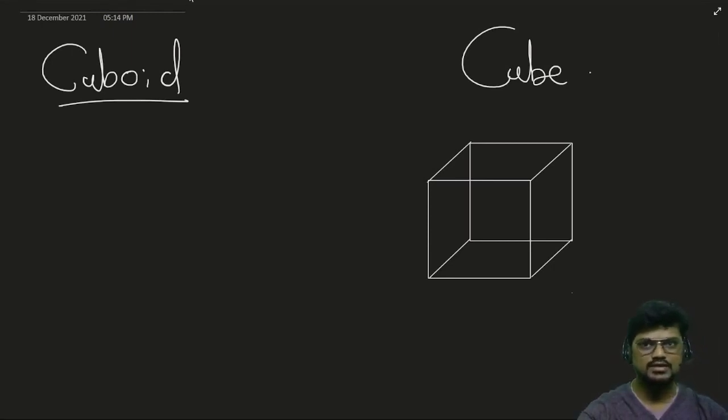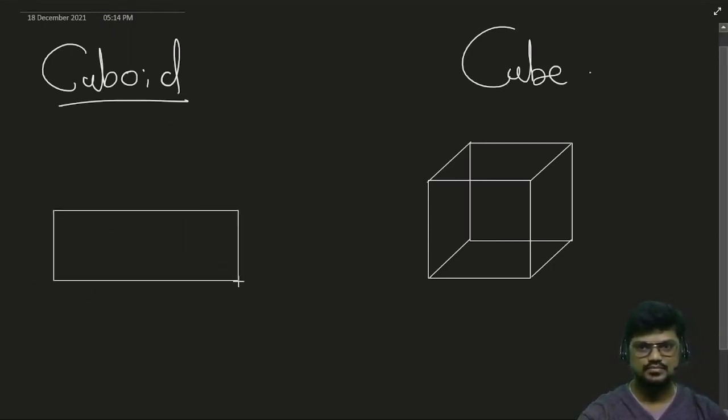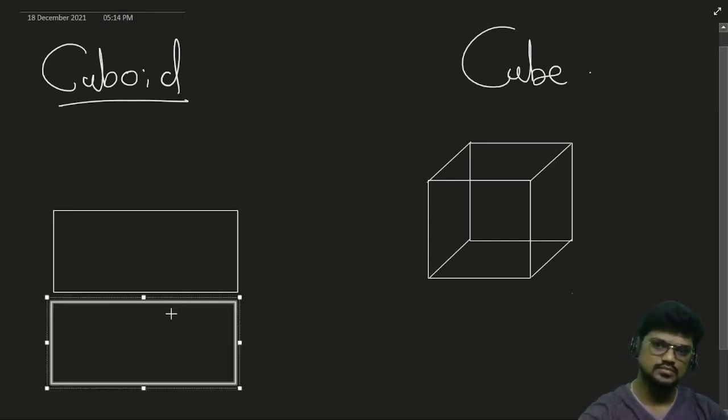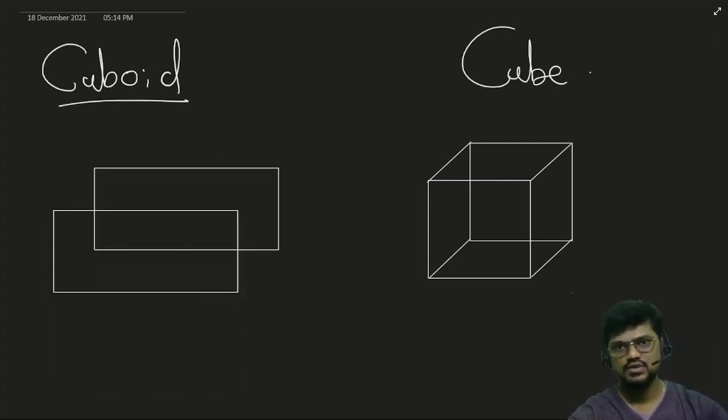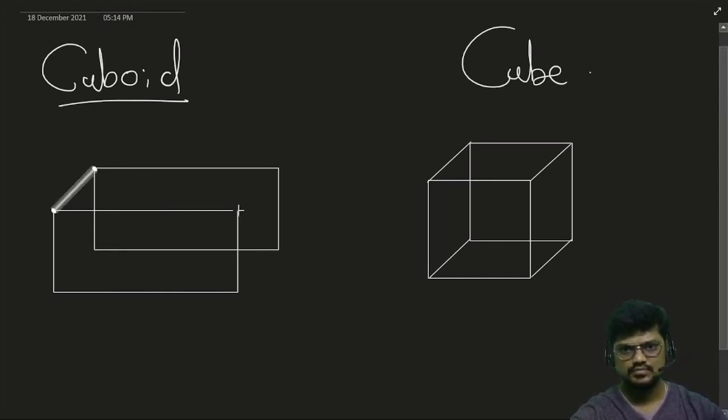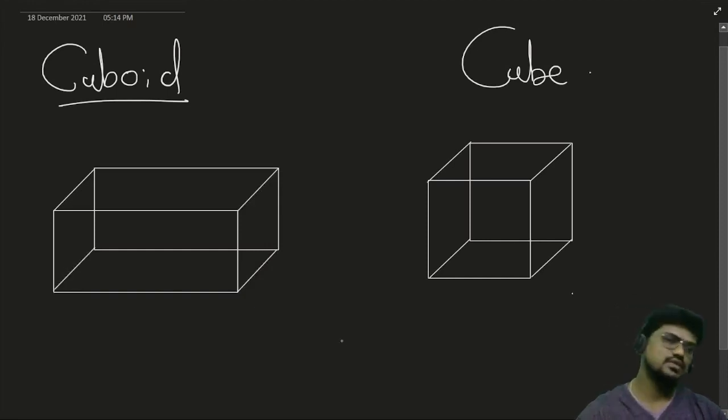But if I make it like this, and if I join this, yeah, this will be a cuboid. Yeah, because over here all the sides are not equal. The length and the breadth and the height will be different.